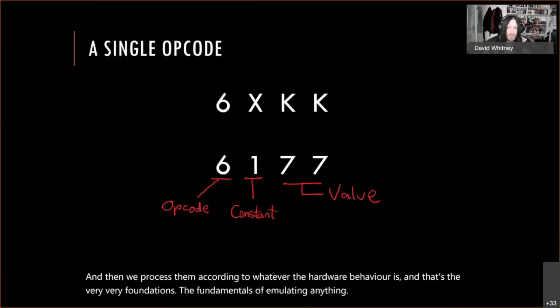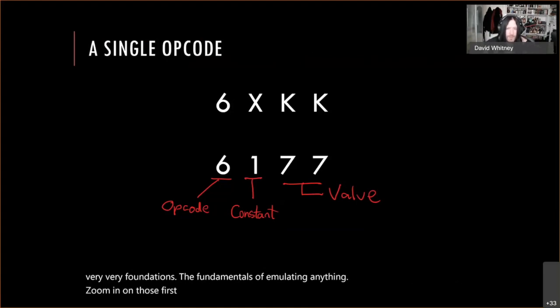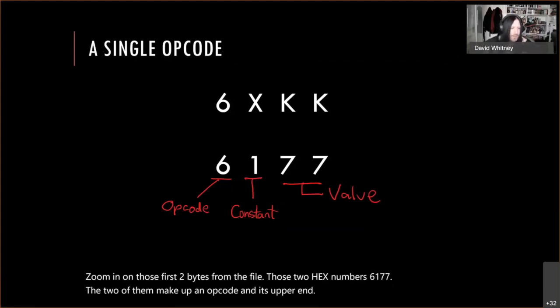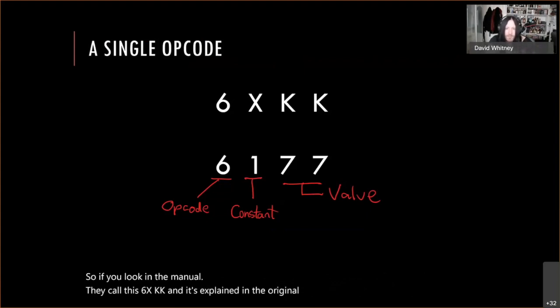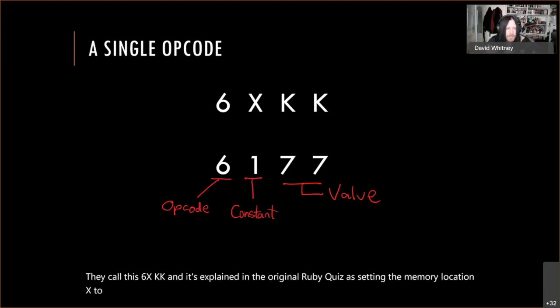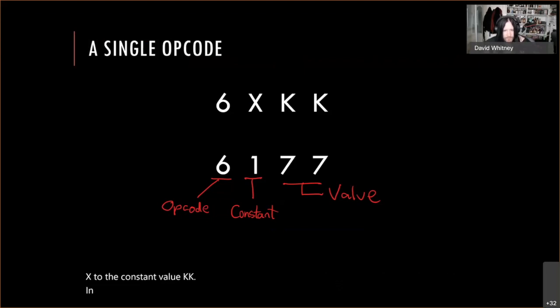So let's zoom in on those first 2 bytes from the file, those 2 hex numbers, 61 and 77. The 2 of them make up an opcode and its operand. If you look in the manual, they call this 6xkk. And it's explained in the original Ruby Quiz as setting the memory location x to the constant value kk, in this case 6177. kk is an 8-bit constant.